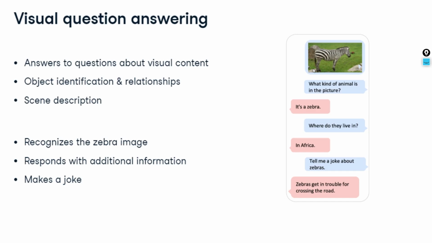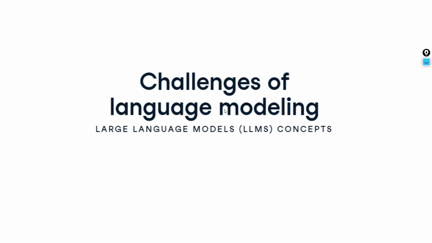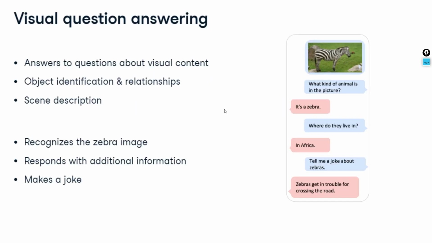Some examples: visual question answering, where I upload an image, ask questions in text, and get a response. This is multitasking.